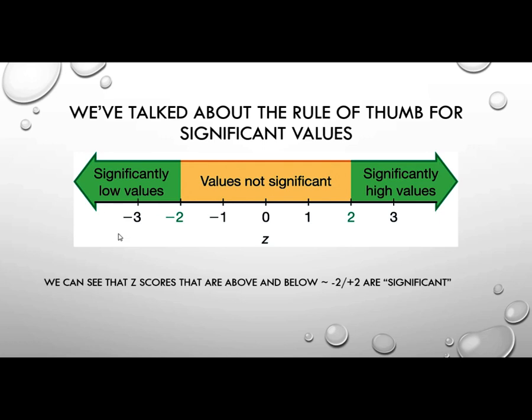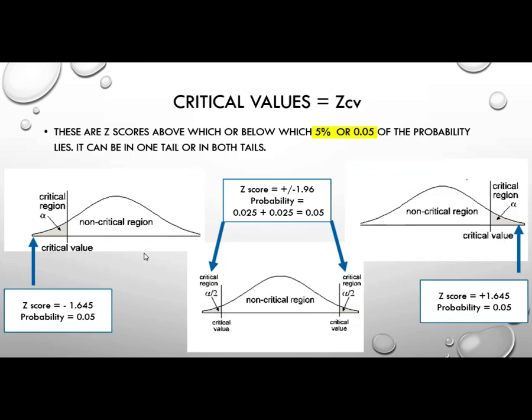We can see that z-scores above and below plus or minus 2 standard deviations are considered significant. And why do we care? These are z-scores above which or below which 5% of the probability lies. It can be in one tail or in both tails.